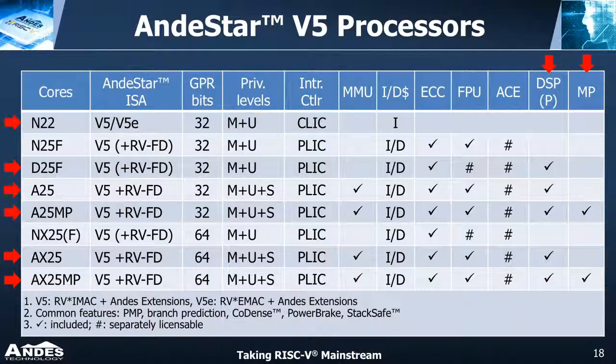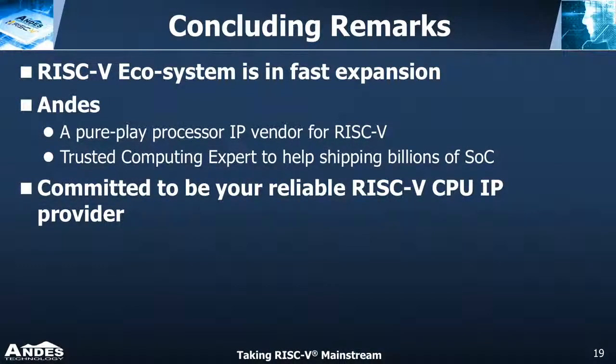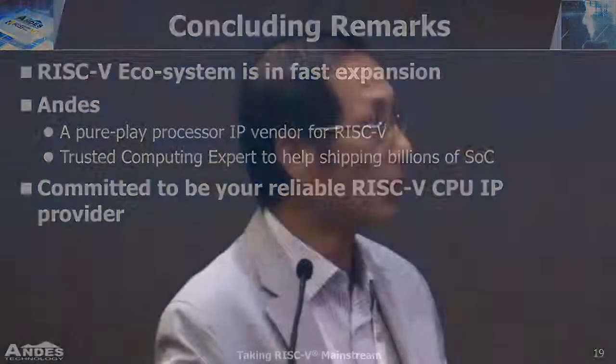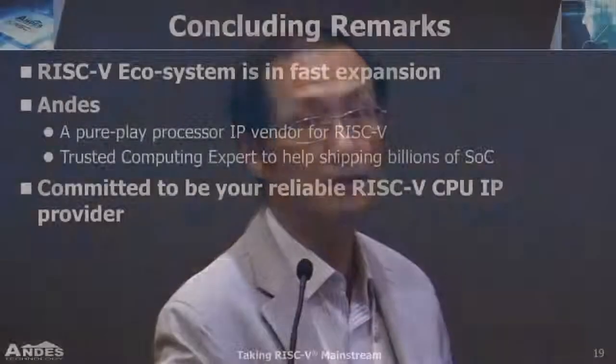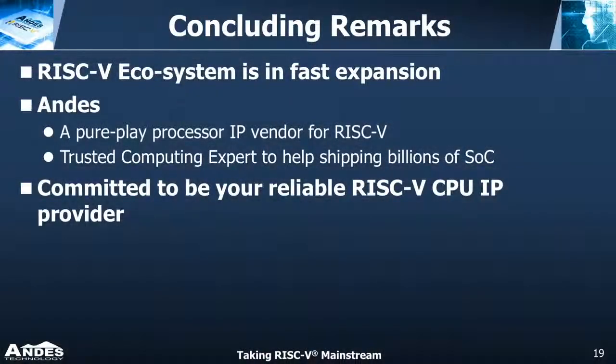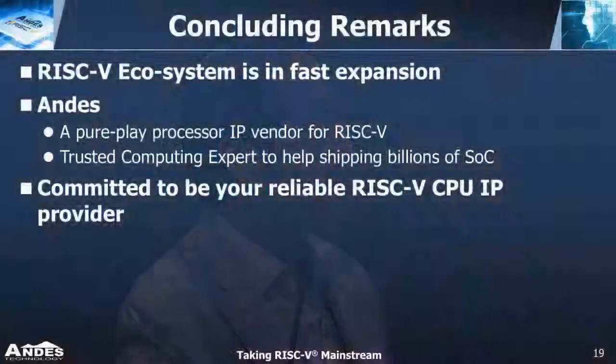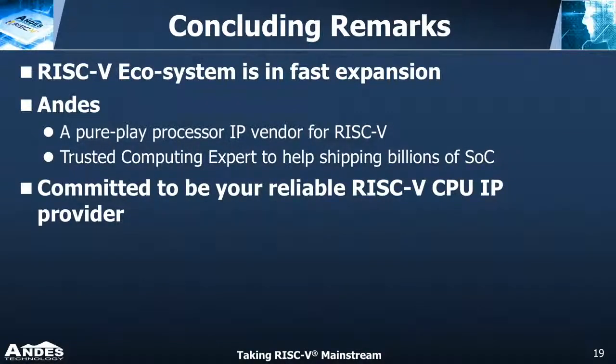So in summary, today I talked less about the software type of ecosystem. Welcome to take a look at our website for that. In terms of the whole RISC-V community's ecosystem, it is in faster expansion now. And in Andes, we put our focus and almost all the resources into developing processor IP for RISC-V now.